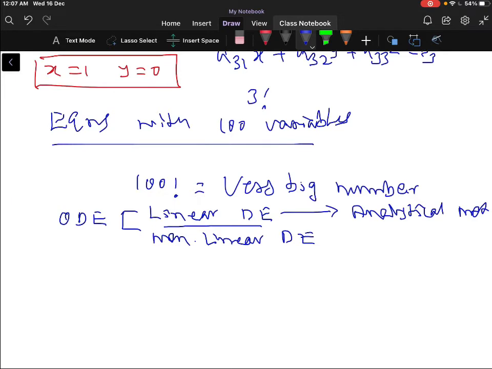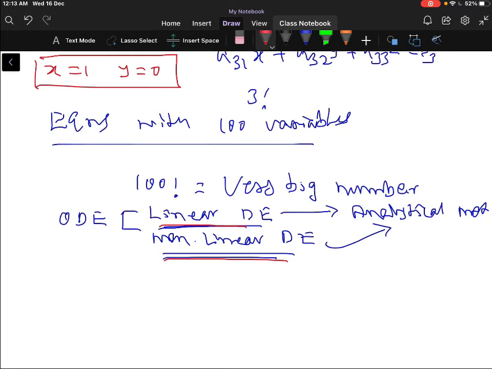But solution of nonlinear differential equation is not possible by using analytical approach. So with the help of the numerical methods, easily we are able to solve the nonlinear differential equation. Here question arises, what is linear differential equation and what is nonlinear differential equation?